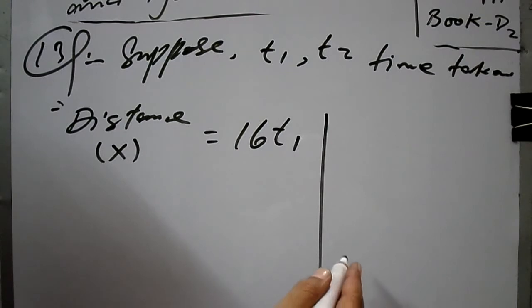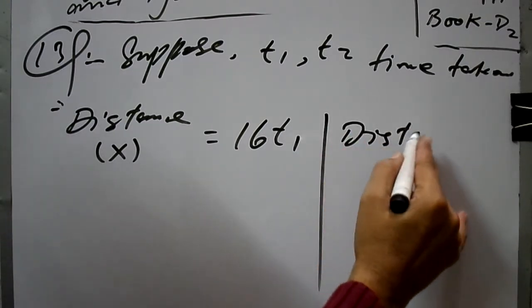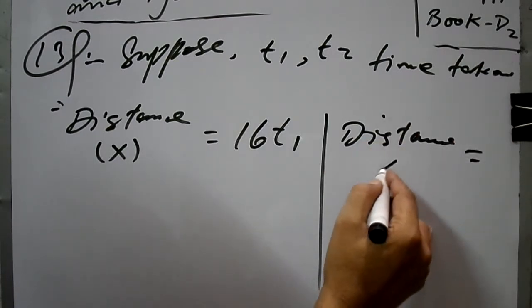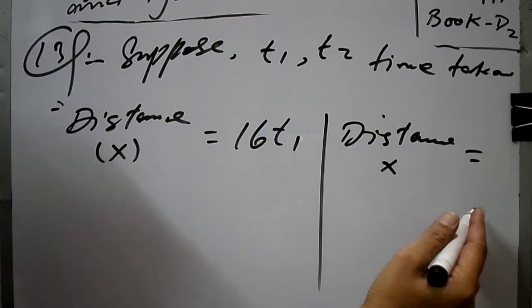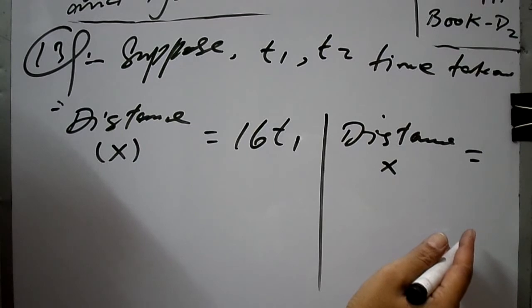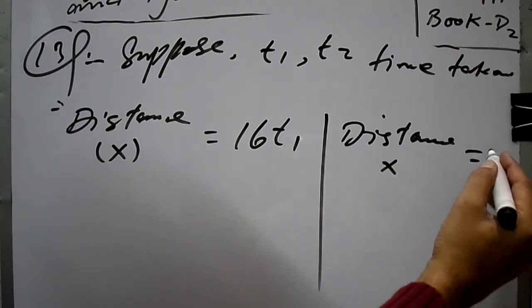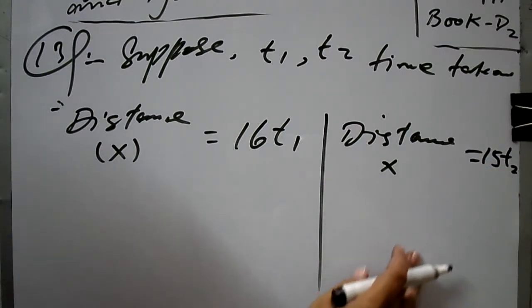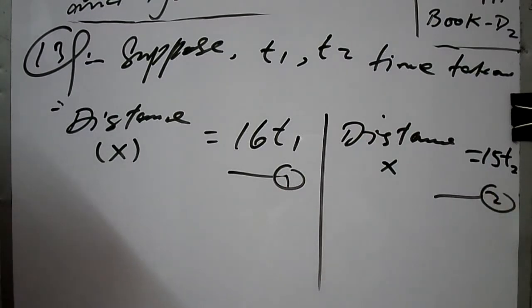Similarly for the second case, the distance is also x, and the speed is 15 km per hour, so that is your 15 t2. So that is your equation 1, that is your equation 2.